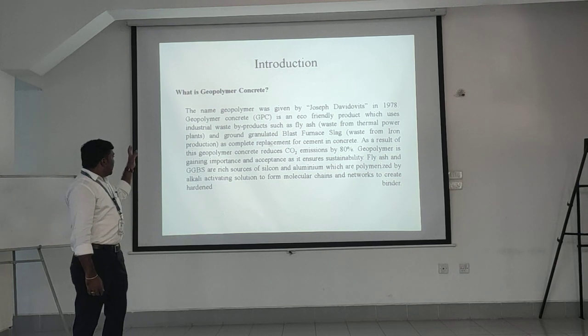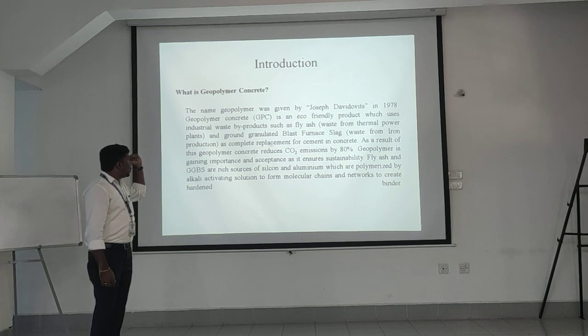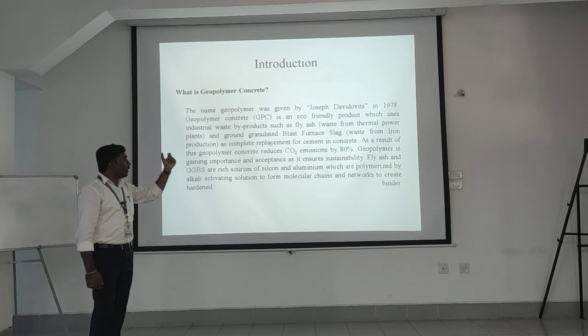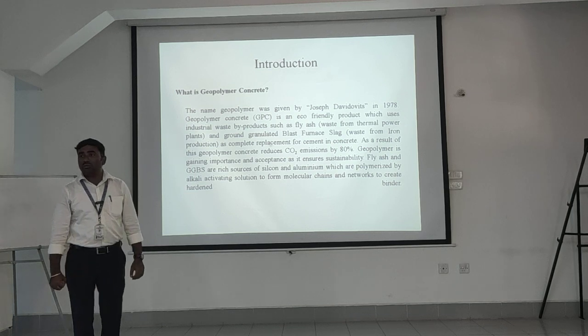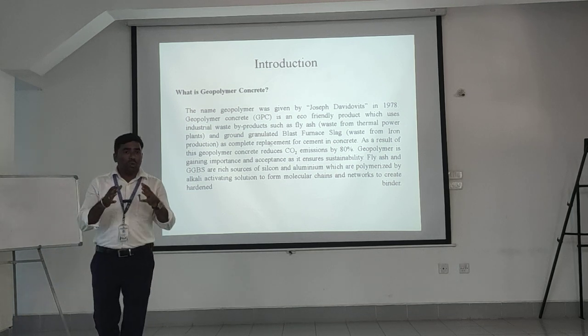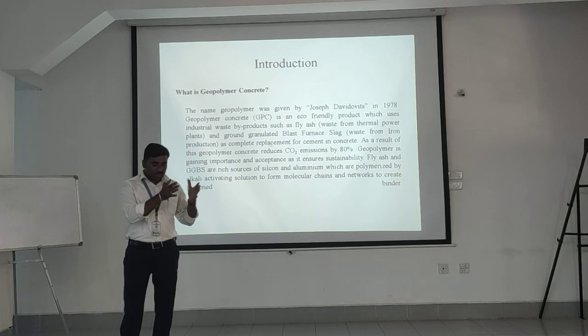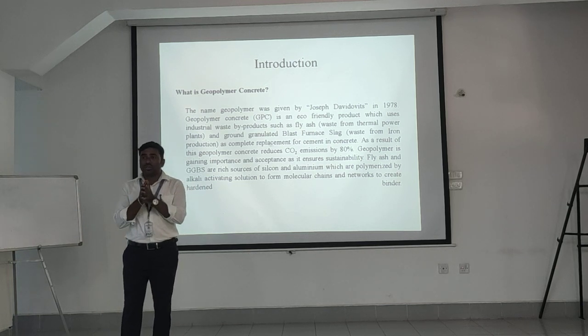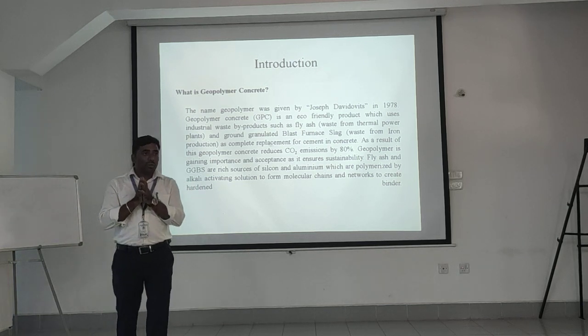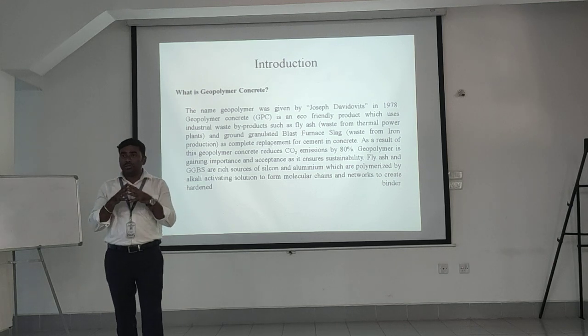Next, geopolymer concrete is an eco-friendly product which uses industrial waste byproduct such as fly ash. So what exactly is the difference between conventional concrete as well as geopolymer concrete? Keep one thing in mind.